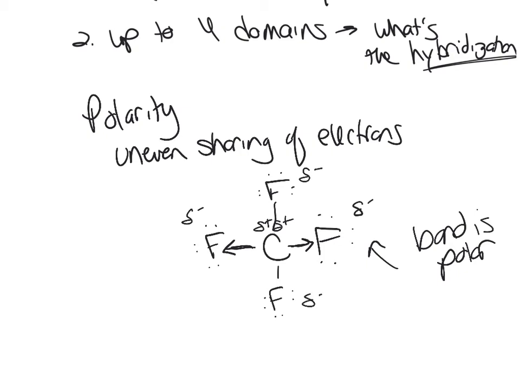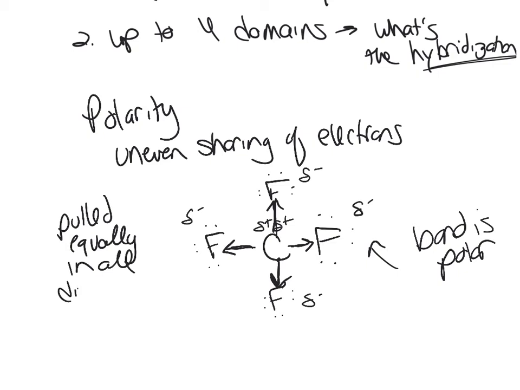Now, if you've taken physics, hopefully you can think about this as a free body diagram, okay? This carbon is being pulled this way, and up, and down. And it's being pulled equally in all directions.